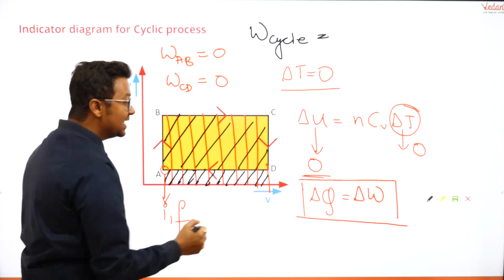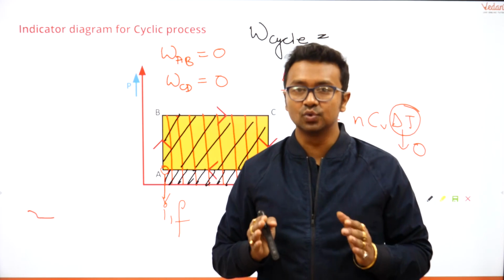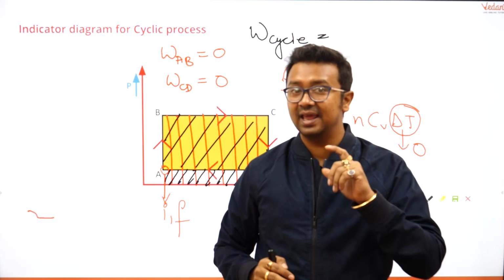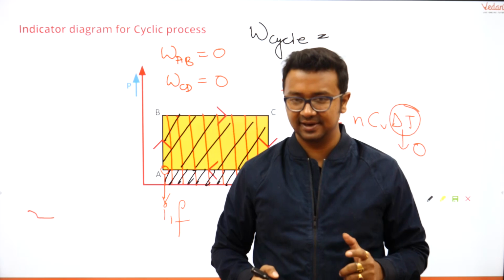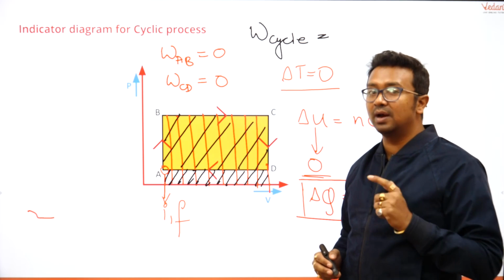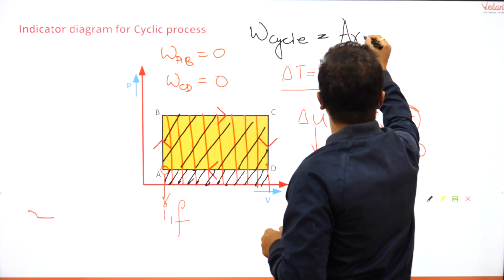That is, the area enclosed within the cycle is, my dear students, the work done in a cyclic process, and it is a very important piece of information. So, what is the work done in a cyclic process? The work done in a cyclic process is the area enclosed.